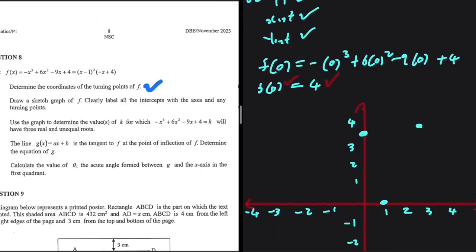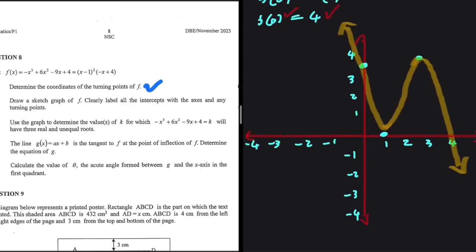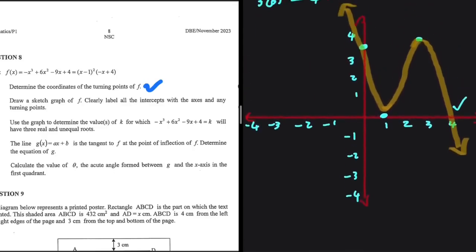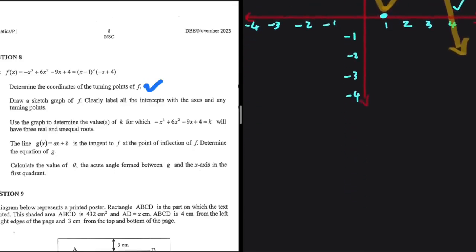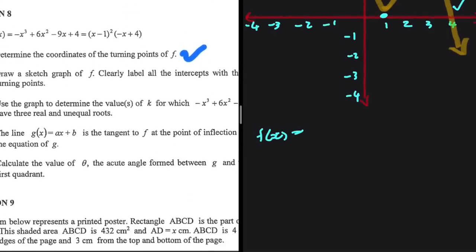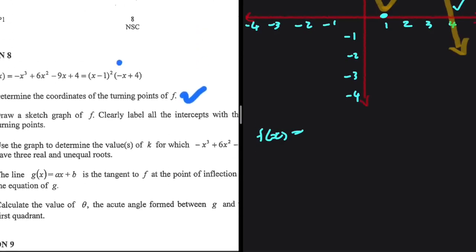Okay, there's something I'm forgetting. There's another intercept here at x is equal to 4. Let me show you how that comes about. F of x is also equal to, look at this equation here that they have factorized for us, x minus 1 squared multiplied by minus x plus 4.